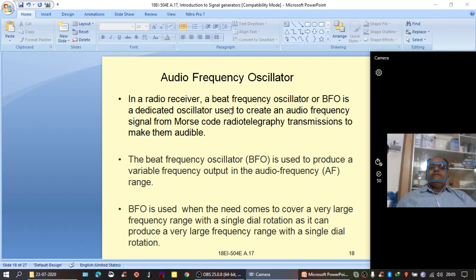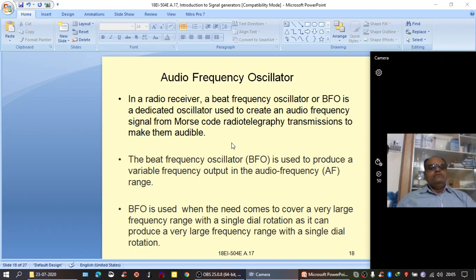In a radio receiver, a beat frequency oscillator or BFO is a dedicated oscillator used to create an audio frequency signal from Morse code radio telegraphy transmissions to make them audible.